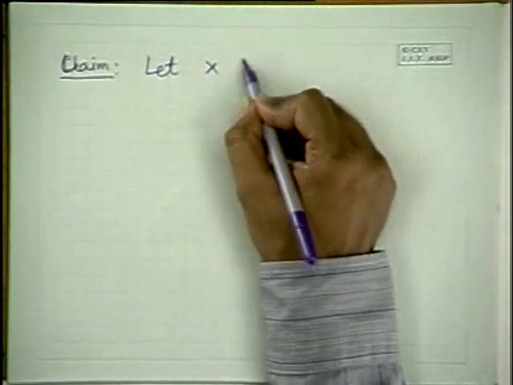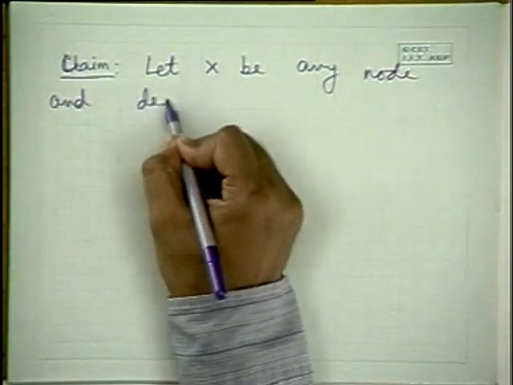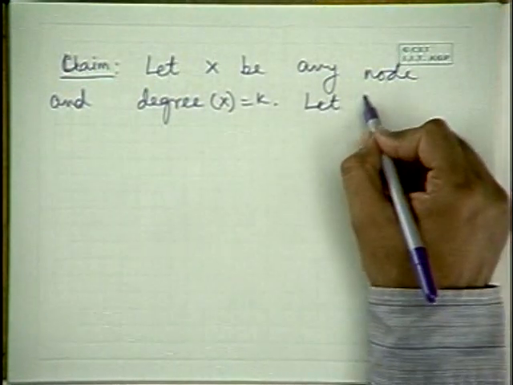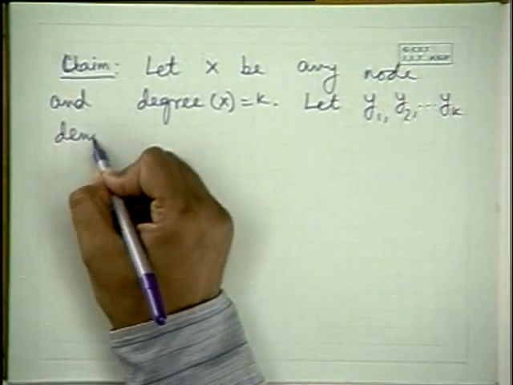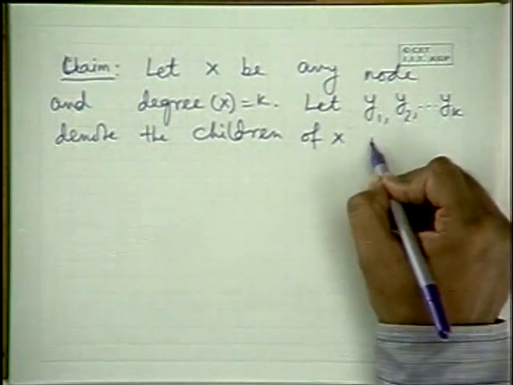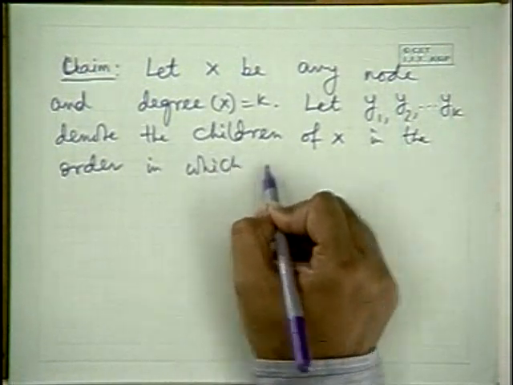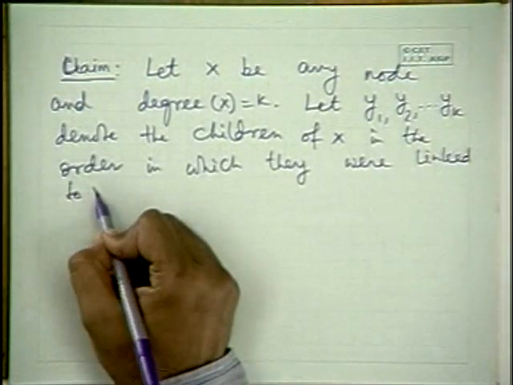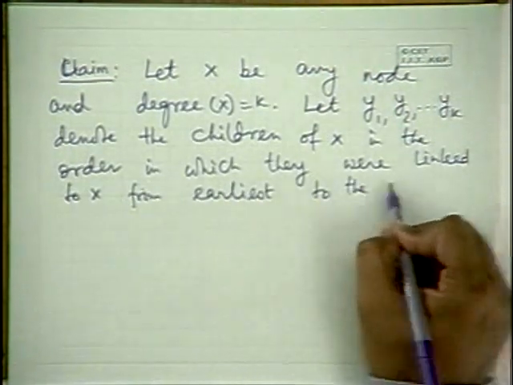Let X be any node and the degree of X is say K. Let Y1, Y2, up to Yk denote the children of X in the order in which they were linked to X, from earliest to the latest.